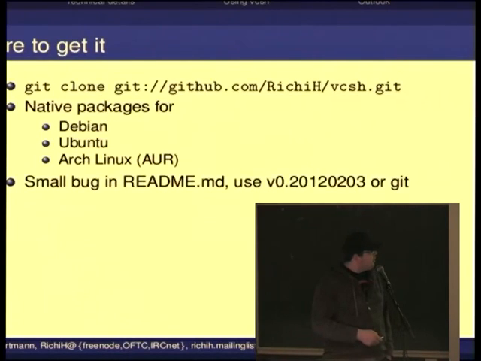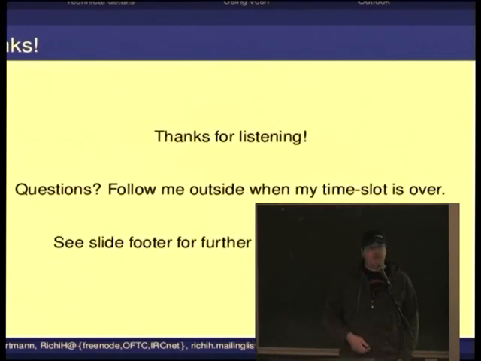And I found out that there is a small bug in my README, so please use the most current version. Because else, if you follow it by the letter, you are going to run into an error. It's not too bad, but still, yeah, use this version. Or just git master, because that's always going to run correctly. So that's it, and I'm up for questions.